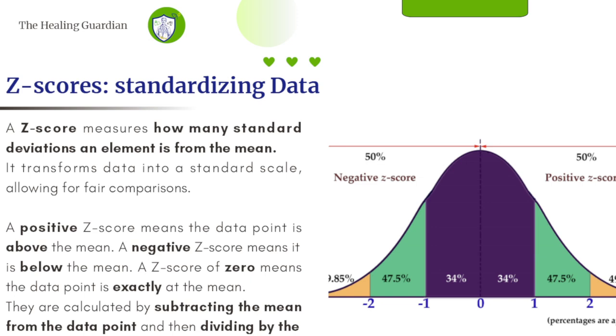A positive Z score means the data point is above the mean. Negative Z score, it is below the mean. A Z score of 0 means that the data point is exactly at the mean. Of course, 0 means that there is no distance from the mean, so it is the mean itself. So how do you calculate the Z scores?